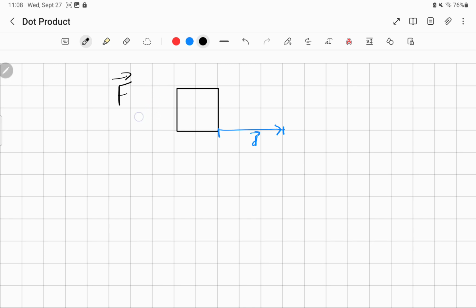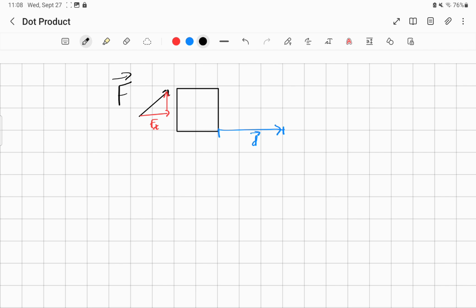So it's intuitively obvious that in this case, we want to maximize the x component of this force vector in order to transfer the most energy from the force vector to the block to push it this distance.